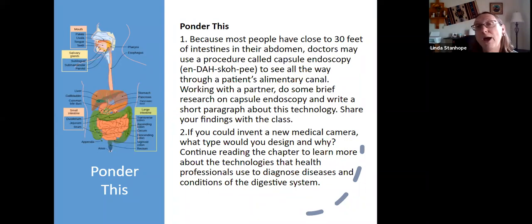This particular one was with the digestive system, and we were talking about the procedure called capsule endoscopy. The kids formulate that there's a pill with a camera going all the way through. How could that help physicians and healthcare workers in the diagnosis and treatment of that patient?